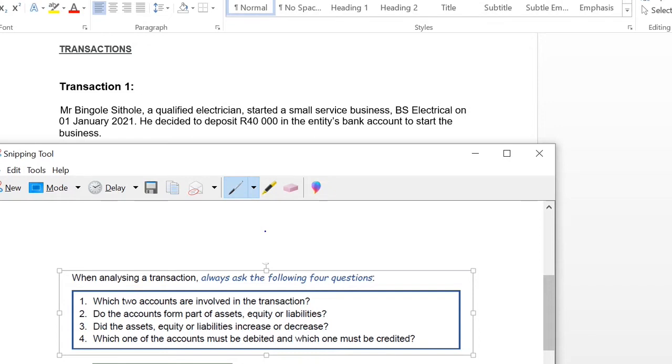Mr. Sithole is a qualified electrician who started a small business.